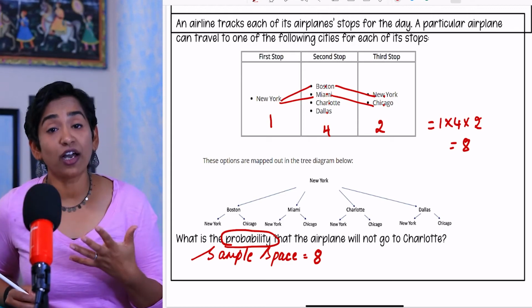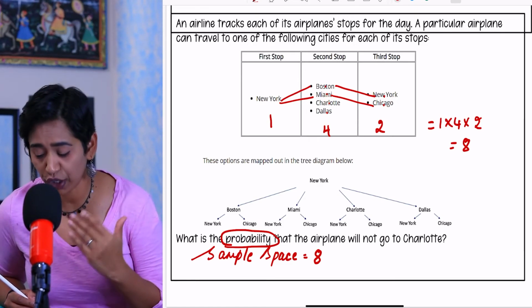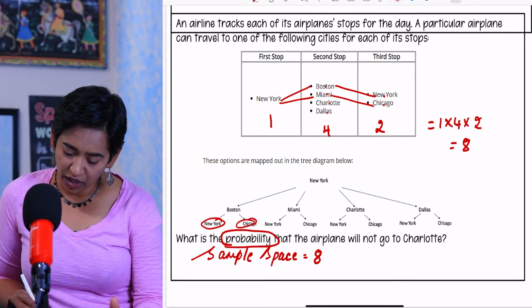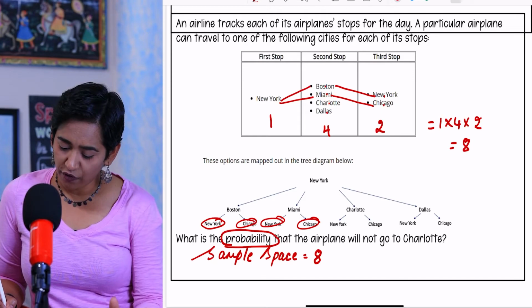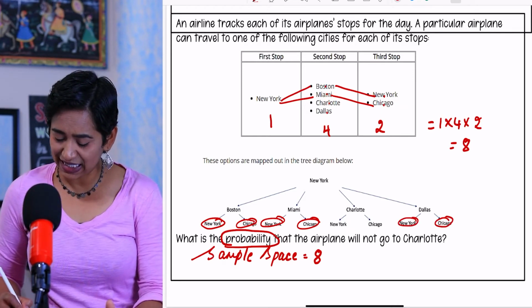Now the number of times that event is happening is the number of times the plane is not going to Charlotte. So let's go ahead and see. New York to Boston, 1, 2, 3, 4. I can go to Charlotte, remember, so I can select this one. 5, 6. So not going to Charlotte is 6 times.